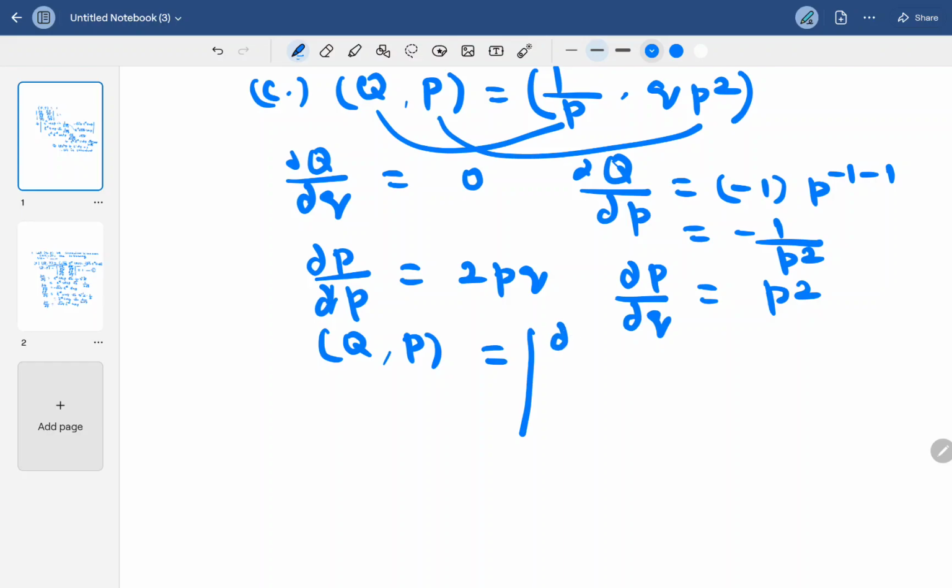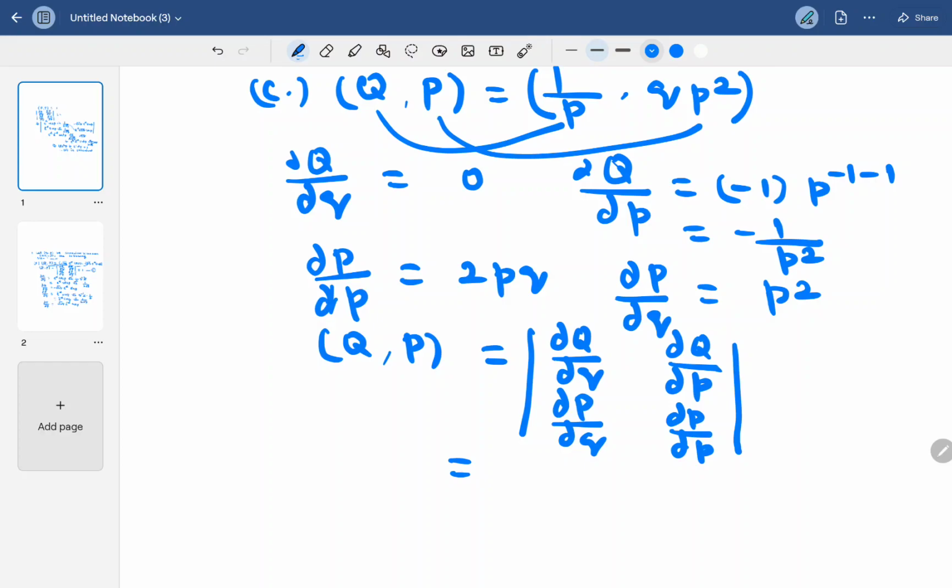Q comma p is nothing but dou q by dou small q, dou q by dou small p, dou p by dou small q, dou p by dou small p. If I show this determinant value is 1, then the C transformation is canonical. Substitute the values: 0, minus 1 by p square, p square, 2pq.